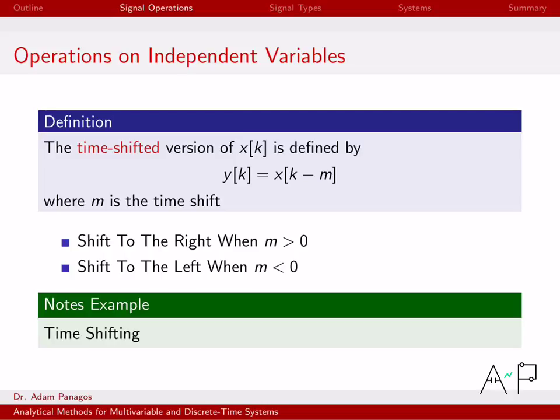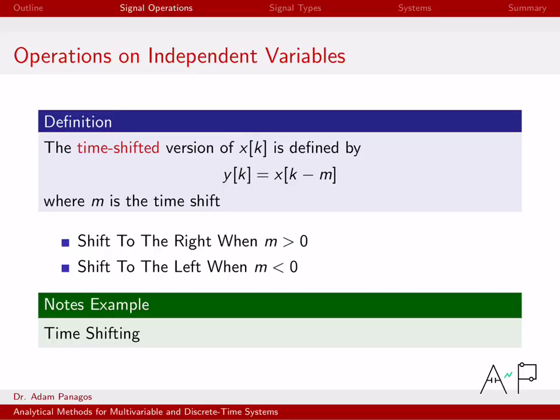Depending on the value of m, we're either going to take our original discrete time signal x and slide it horizontally to the right or to the left. And that happens based on what the sign of m is. When m is a positive integer, for instance, if m is 3, then what we would see up here is x of k minus 3, and that ends up being a shift to the right by 3 samples in time.